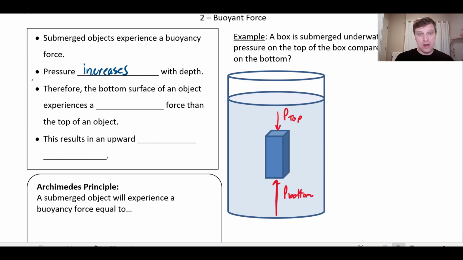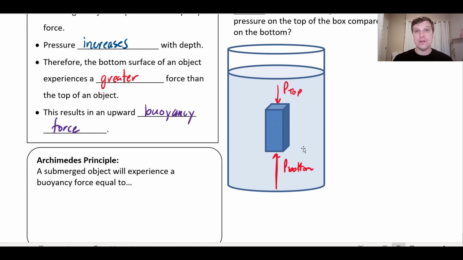The pressure on the bottom is going to be greater than the pressure on the top, so there's a difference, and this results in an overall upwards buoyancy force on the object.